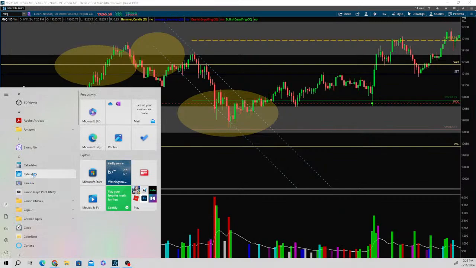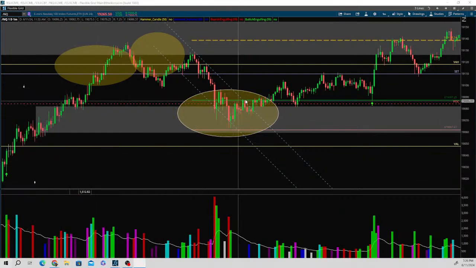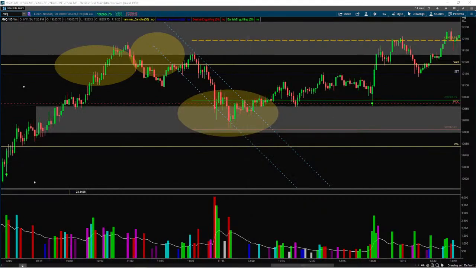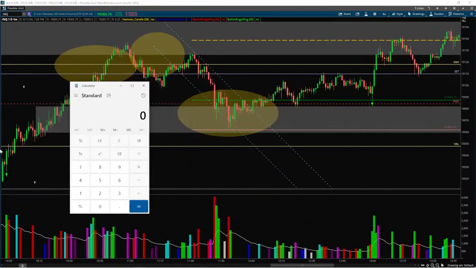So how would I do that? I usually trade, I would probably trade, this looks like it would be more of a 1 ES or 2 ES contract. So 2 times 25, that's about 50, times 2, it's about 100. So 25 times 3 will be 150.